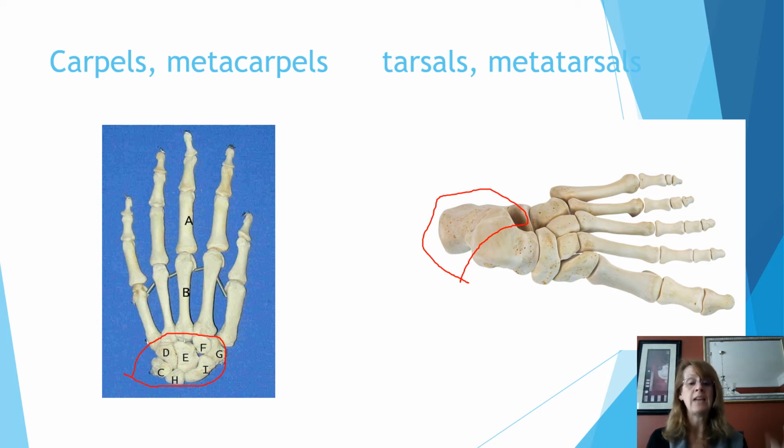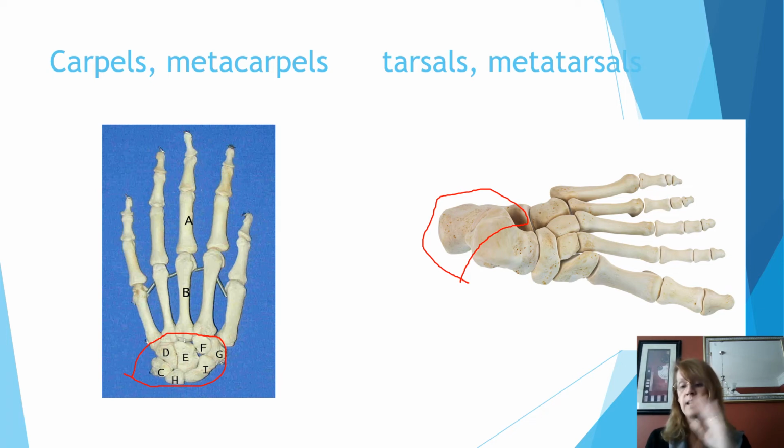So you have 8 carpals per wrist and 7 tarsals per ankle. Of the 206 bones of the body, 16 of them are wrist bones and 14 of them are ankle bones. You have 5 metacarpals per hand, and you have 5 foot bones, your metatarsals. Now, the bones of your digits are what we call your phalanges.